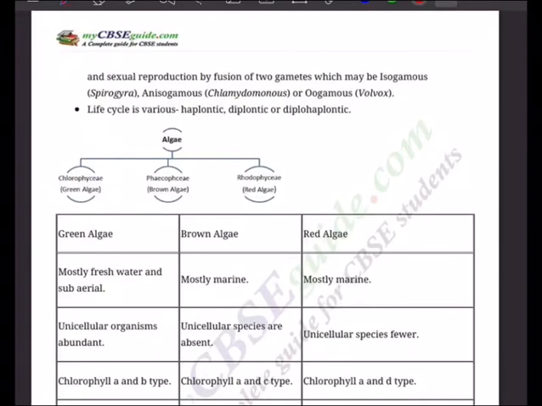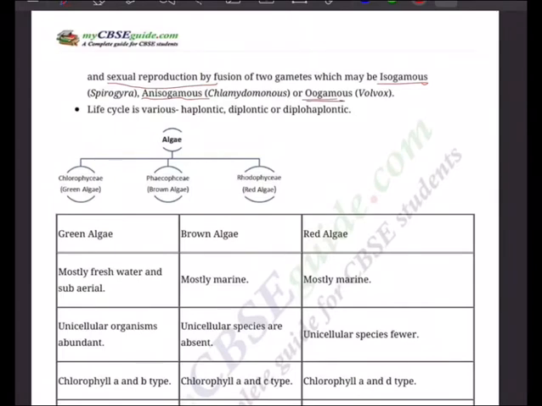And sexual reproduction, of course, is very rare. It is by fusion of two gametes which may be isogamous, like in Spirogyra. Iso means similar, both male gamete and female gamete will look similar. Anisogamous, dissimilar, like Chlamydomonas. And oogamous, like Volvox.